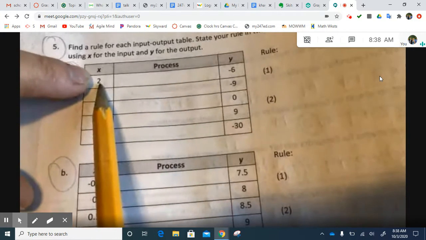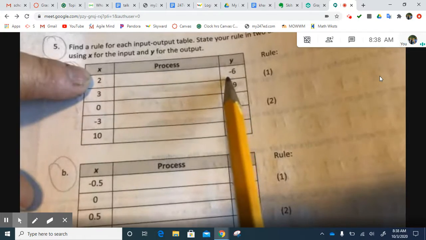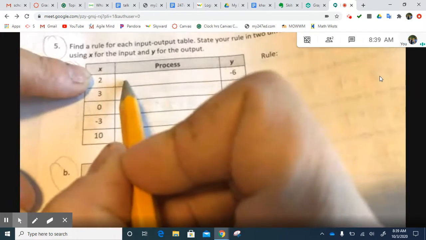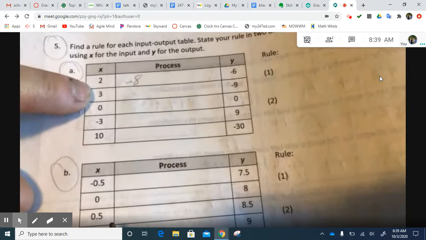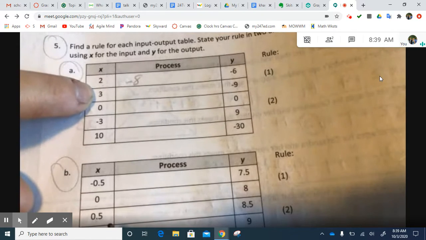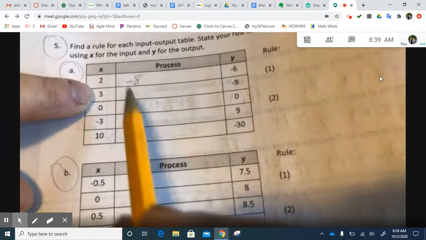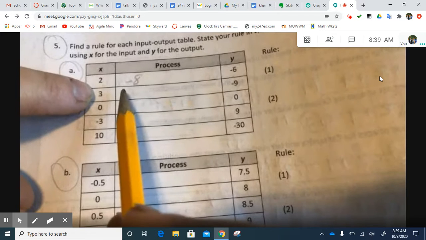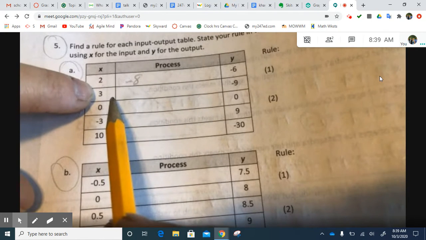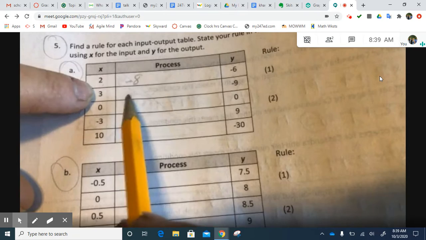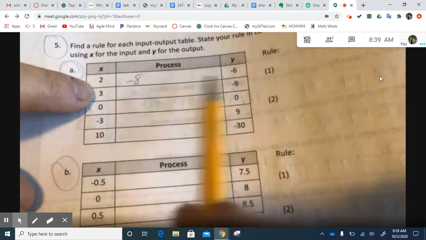So if we're up at 2 and we want to go down to -6, we would have to subtract 8. Well, if we have 3 and we subtract 8, that would only get us down to a -5. So that's not going to work.